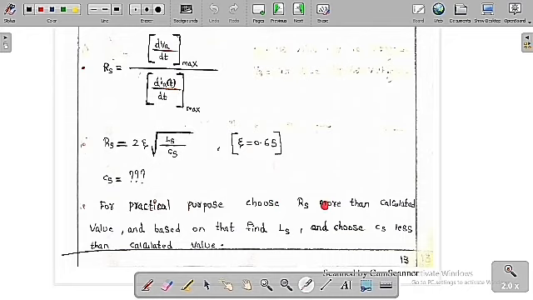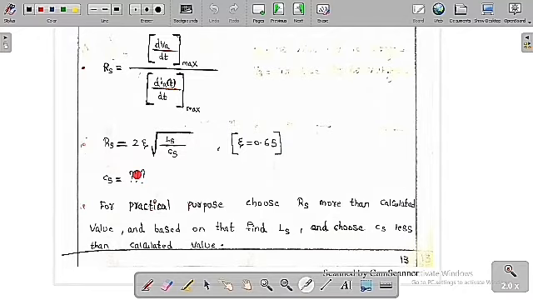For practical purposes, choose Rs more than the calculated value, and based on that find the value of Ls, and choose Cs lesser than the calculated value.